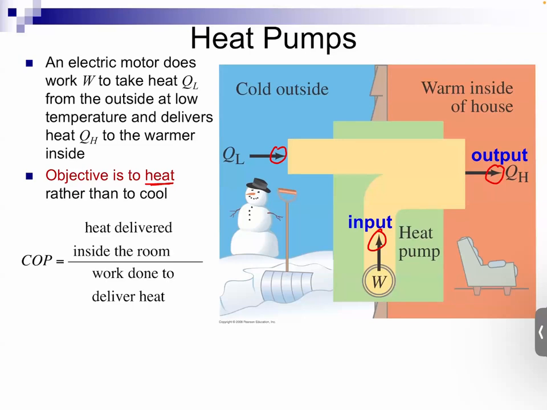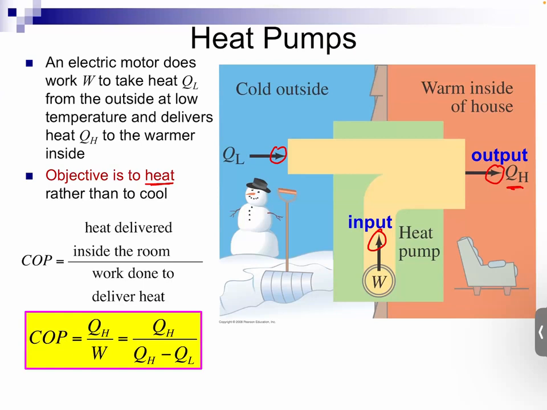So we can again define the coefficient of performance to be the desired output. Our desired output is to heat up the inside of the house. So heat delivered inside the room, which is QH, divided by the input, and that is the work that the pump needs to do in order to facilitate heat transfer from the cold outside to the warm inside. So output is QH and input is work.